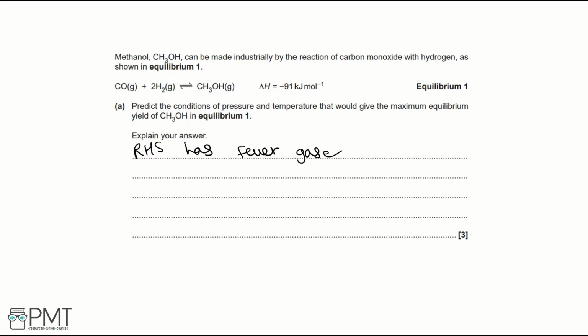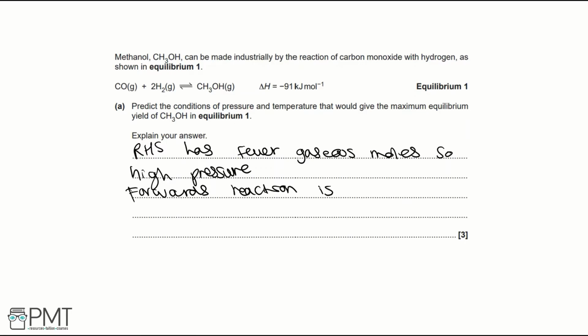So we want to favour the right-hand side of this equilibrium. The right-hand side has fewer gaseous moles. So in order to push it and favour the right-hand side, we need to have a high pressure. The forwards reaction is exothermic, and to favour the forwards reaction, we need a low temperature.